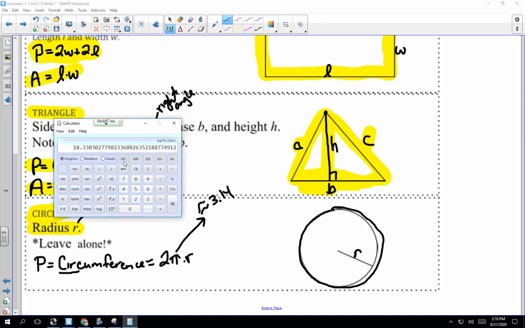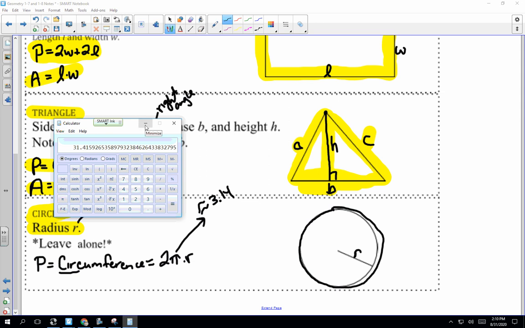And in your calculator, if you're in scientific view, pi lives right here. So it's like 2 times pi times whatever the radius is.